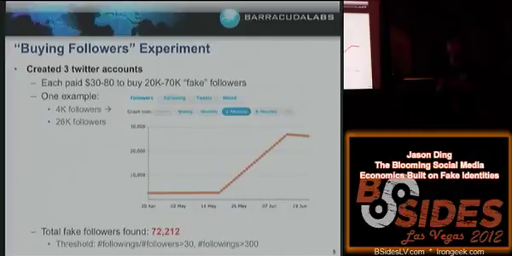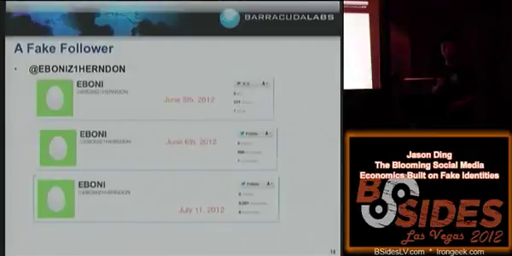We were very conservative to avoid false positives, so the ratio is at least 30, and they follow at least 300 accounts, so they follow a lot of people. That's basically the feature of these fake accounts. So we ended up with 72,000 fake accounts, and this is one example of a fake account, which is pretty easy to tell. Yes, question?